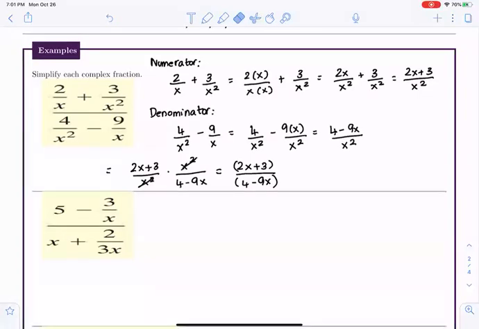Okay, so I'm going to do the same process, numerator first, then denominator. Once you have enough practice, you're welcome to do it in any way that you like, as long as you get the correct answer. That's all that matters.